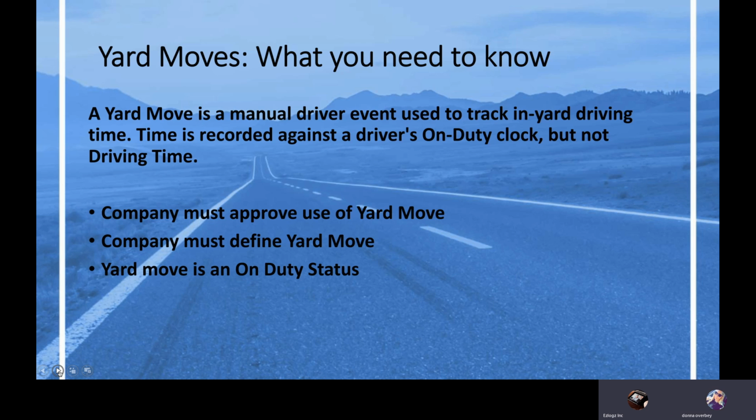That way, when you get pulled over, just like Donna was talking about with personal conveyance, if it's in your company policy, it'll be easier to get by. If it's not, then you're going to have to fight and prove your side of the story. Right. So have it documented.